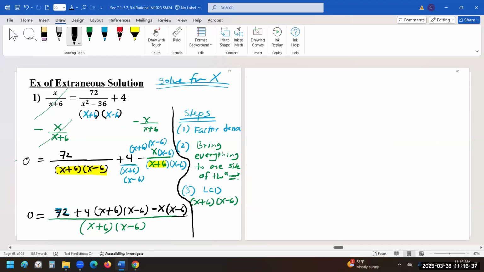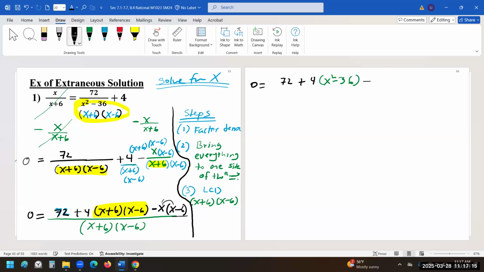So let's simplify the numerator. 72 plus 4. When you multiply x plus 6, x minus 6, what do we get? When you multiply x plus 6, x minus 6, what is it supposed to have? X squared minus 36. Yes, you can use FOIL, no problem. But why do you want to waste your time when you already know what the product is?